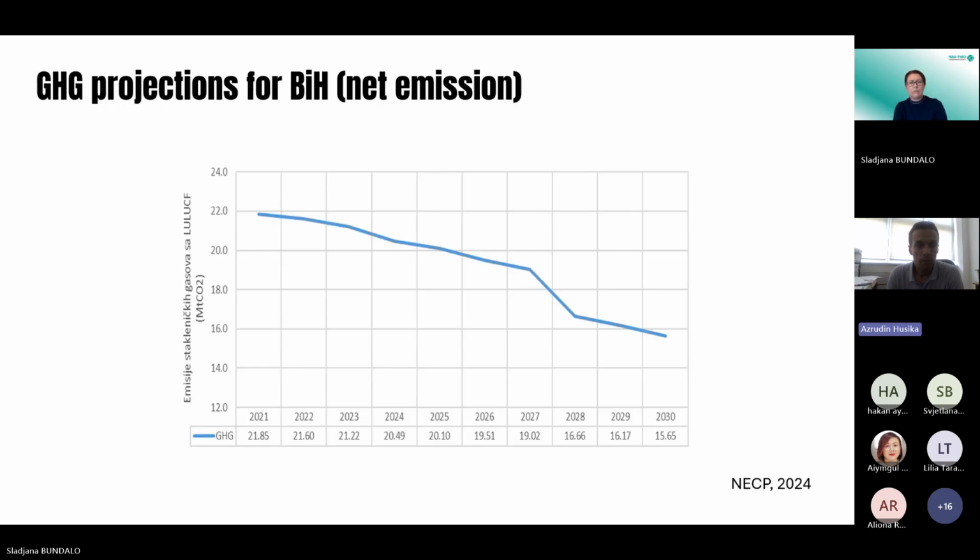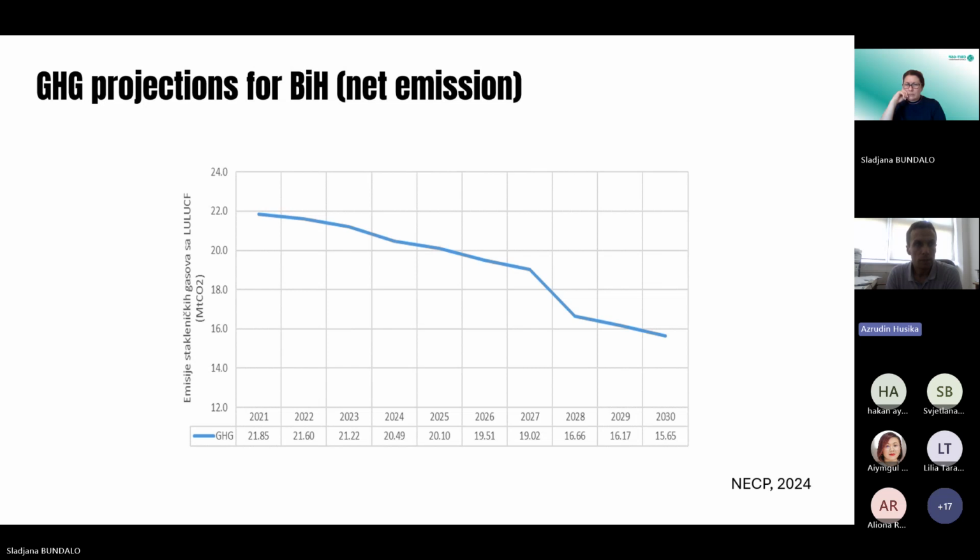In the National Energy and Climate Plan, we developed a policy scenario until 2030, and these are the net emissions target for 2030, which is in accordance with our NDC.